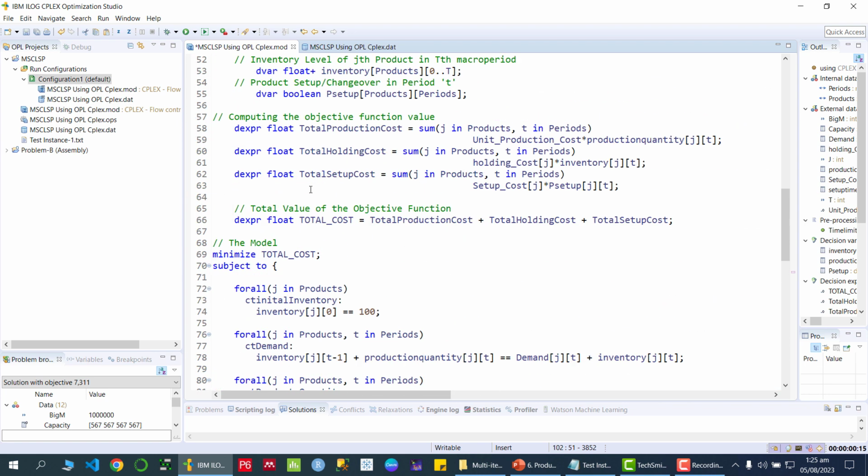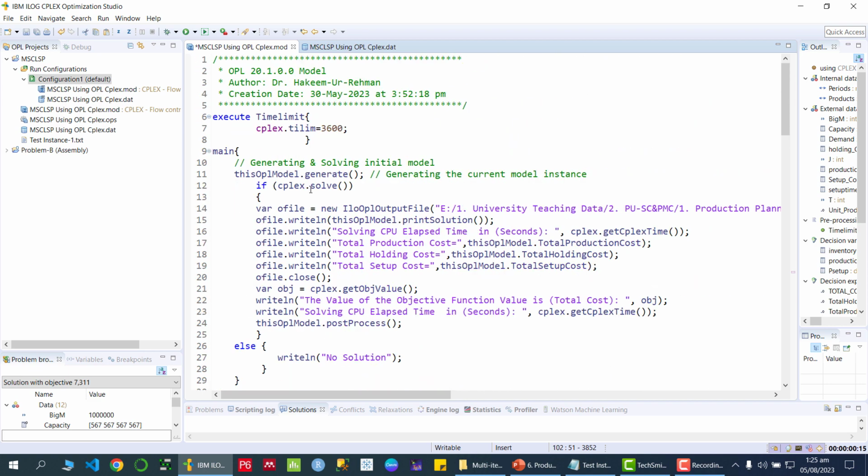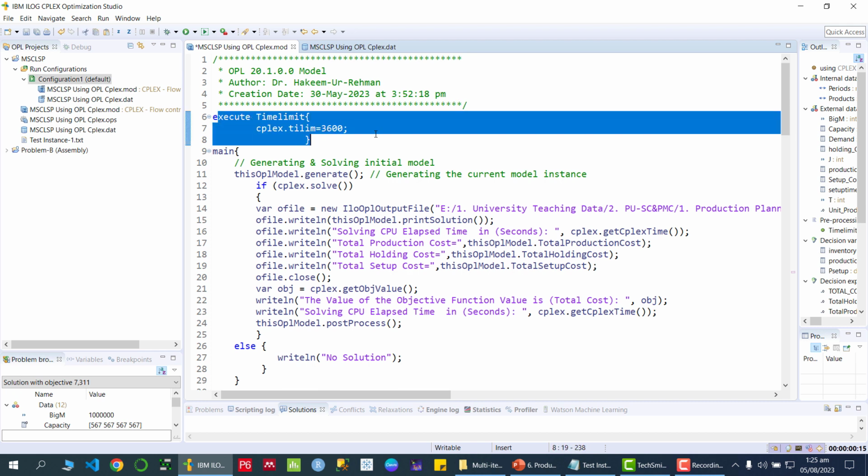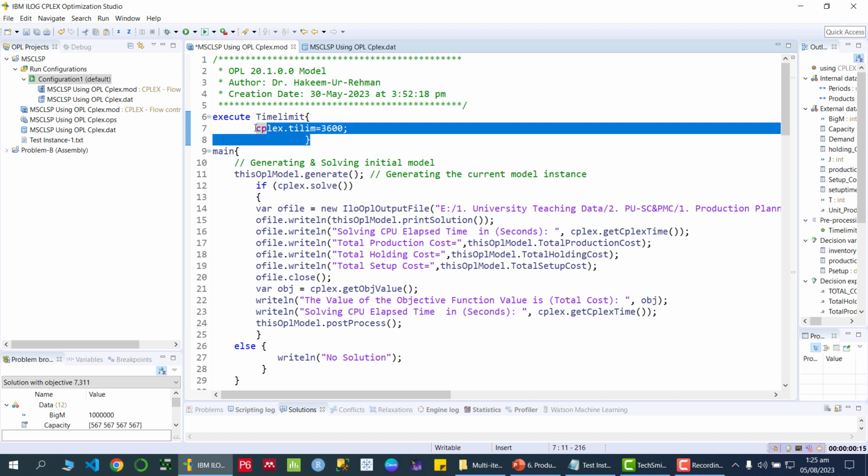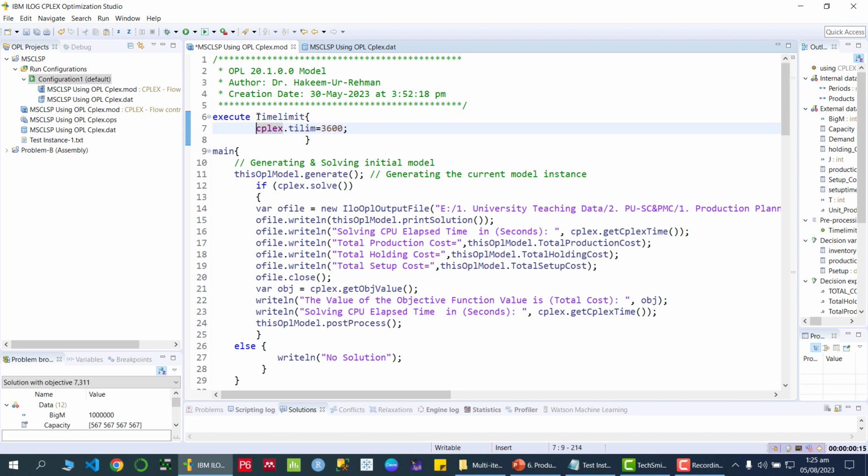In addition to that, I am also performing some pre-processing. What does pre-processing mean? So this is a pre-processing block. I am executing the time limit.